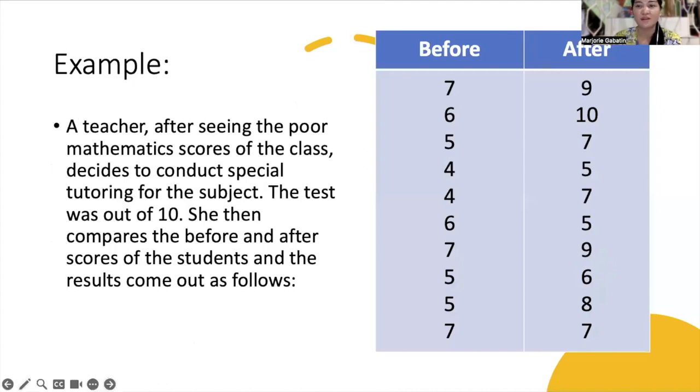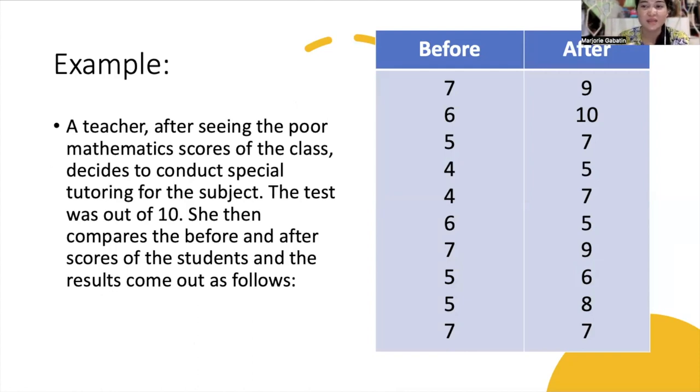So I have here an example. A teacher, after seeing the poor mathematics scores of the class, decides to conduct a special tutoring for the subject. The test was out of 10.